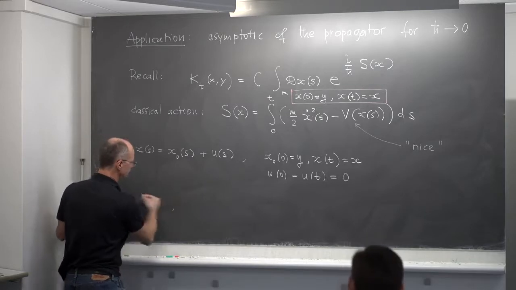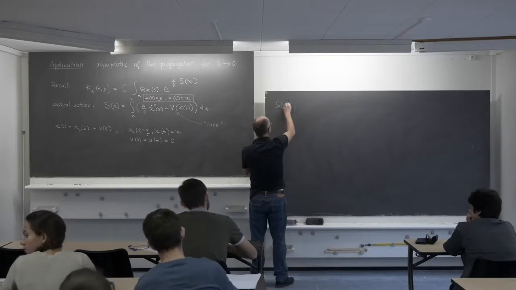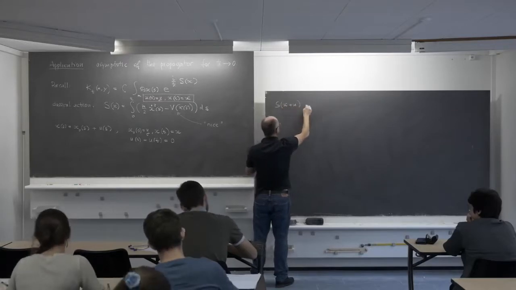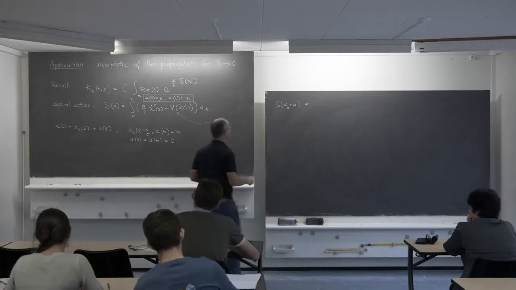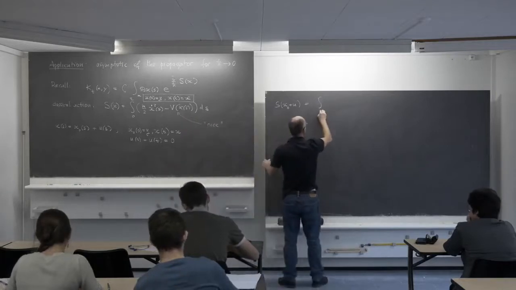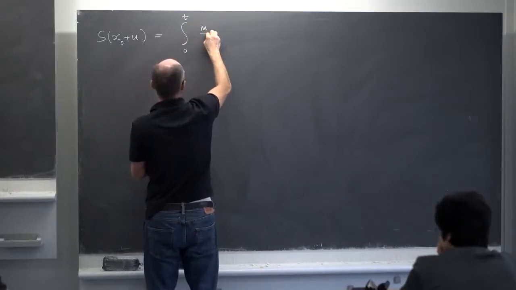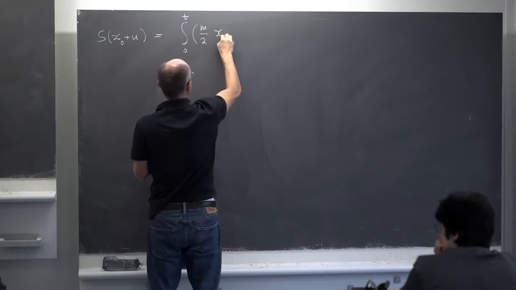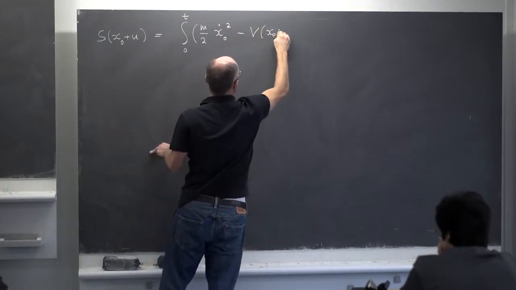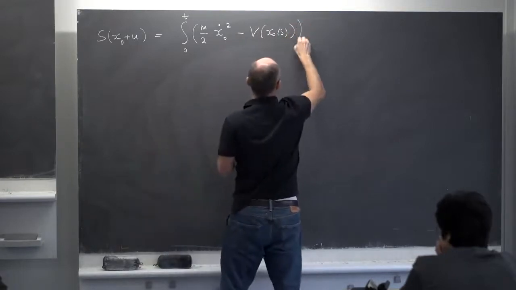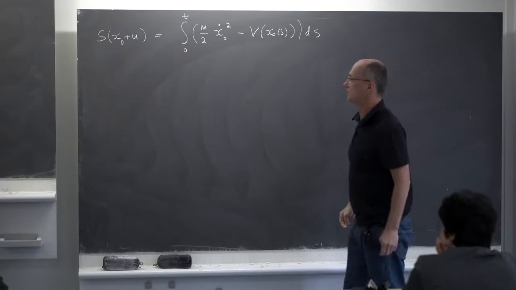Or maybe let me go to the other blackboard. So what do we get? Let's group the terms in the following way. So I start with a term where I simply pick the terms which only contain x naught and which do not contain u.